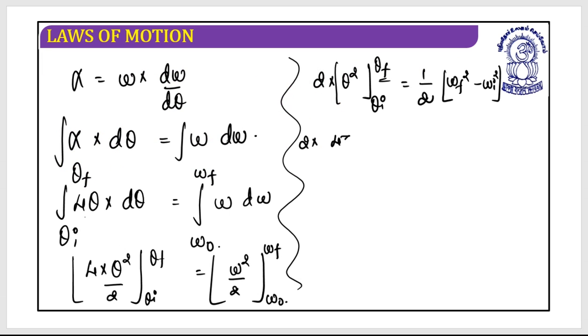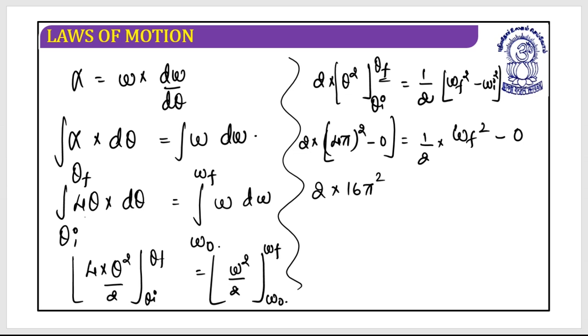So 2 into 4 pi square minus 0 initial should be equal to 1 by 2 into omega f square, as omega i square was 0, that is provided in the data. So this is 2 into 4 pi square, 16 pi square, equal to half into omega f square.